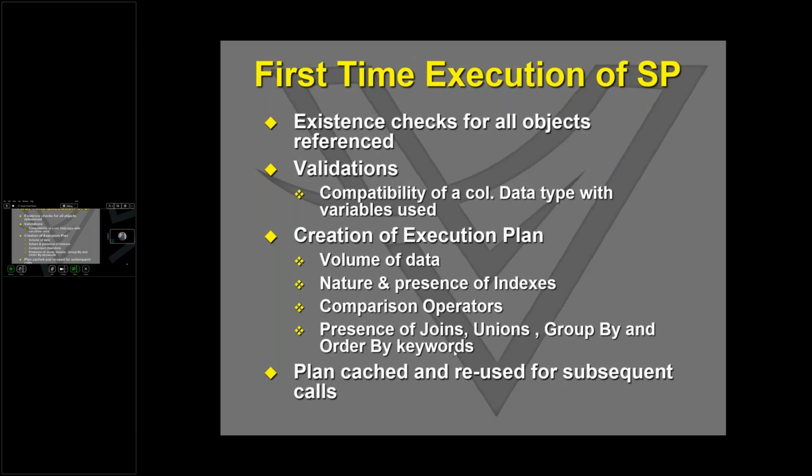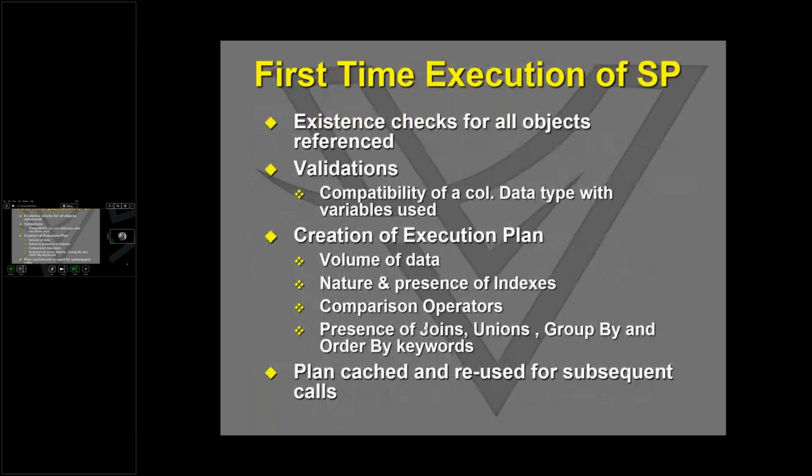So when you call that stored procedure, it is going to get the data from that RAM. That is the meaning of the last point: plan cached and reused for subsequent calls. These are the things you need to know.